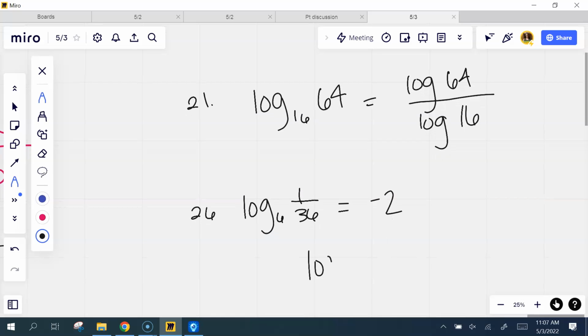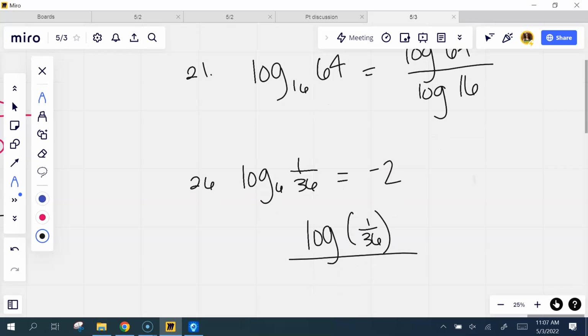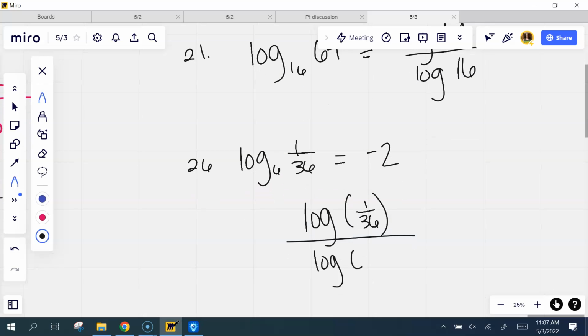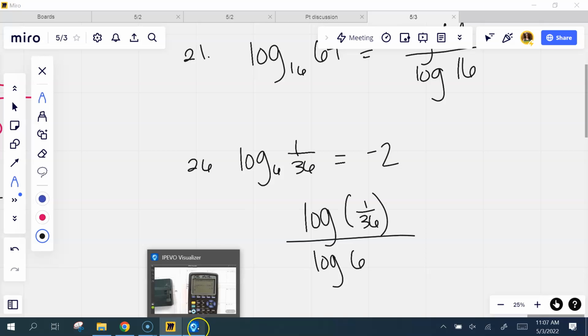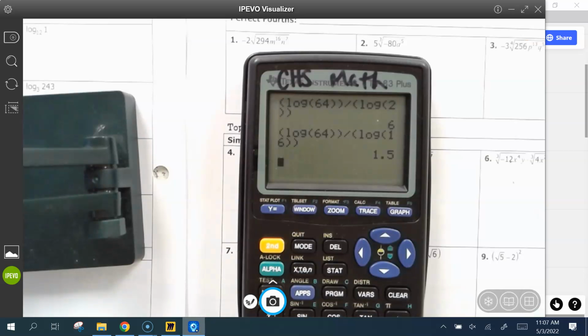But if I did change of base, I'd need to do log of 1 over 36 divided by log of 6. So if I go back to my calculator, the log of 1 over 36 divided by log 6. I'll have to look at yours because I can't remember.